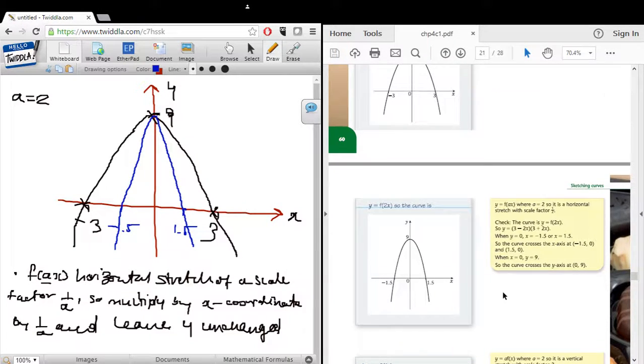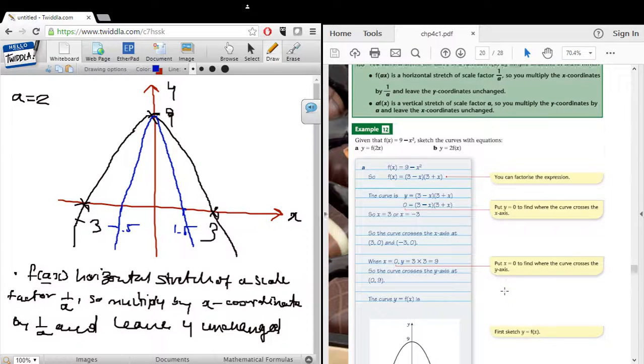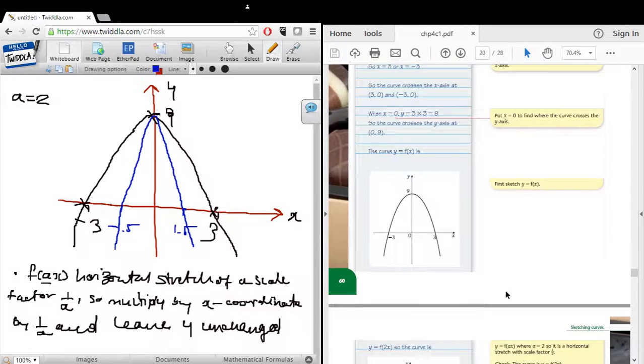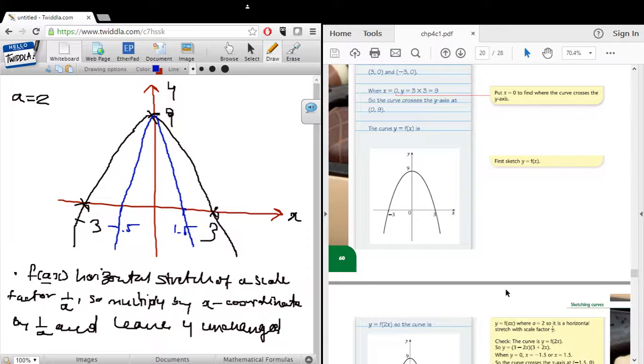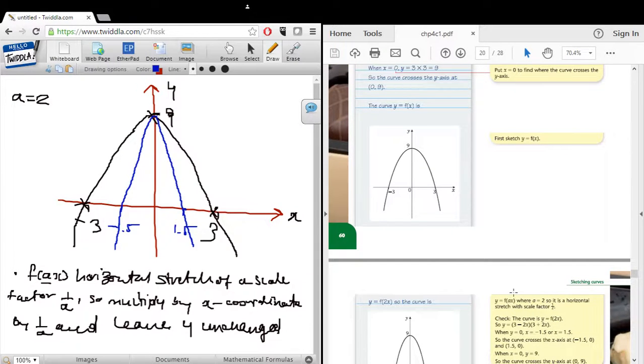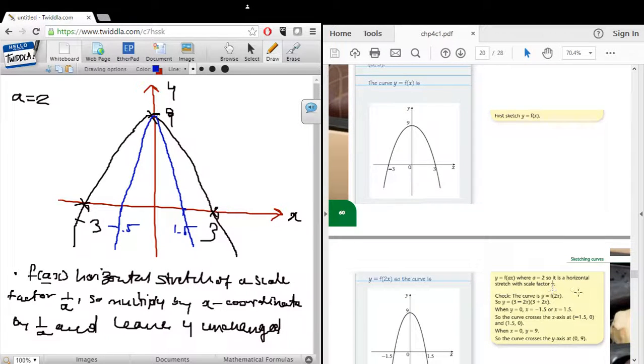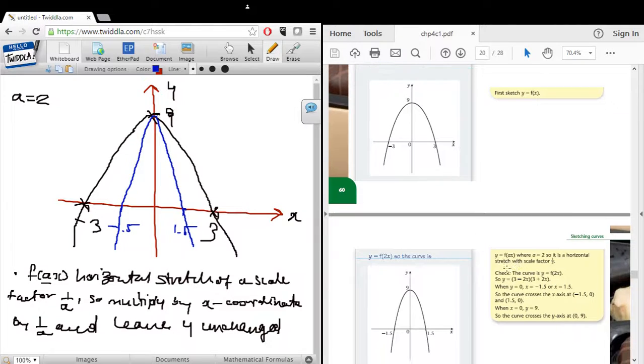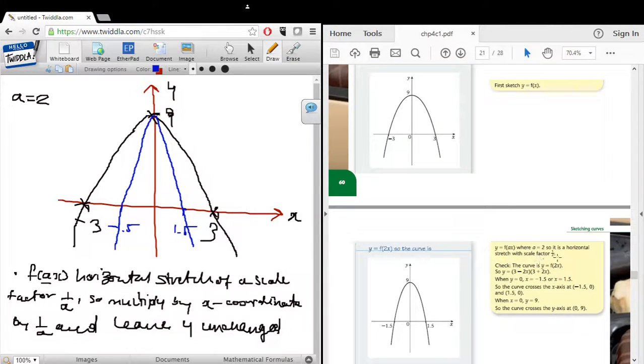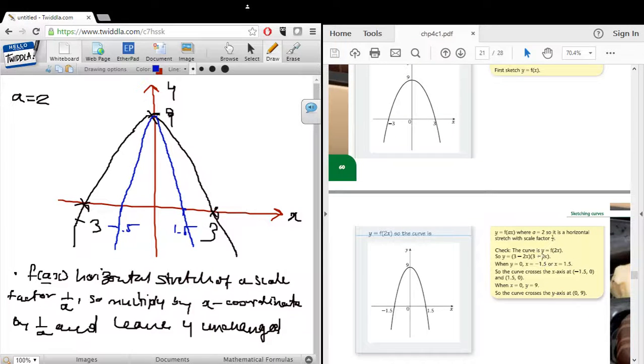Okay, just to give you another way of approaching this, they have created a shortcut here whereby they say y equals f(ax), where a is equal to 2. So it's a horizontal stretch with a scale factor 1 over 2.